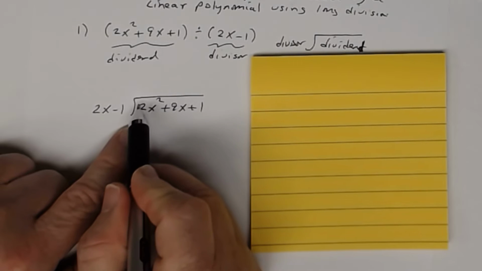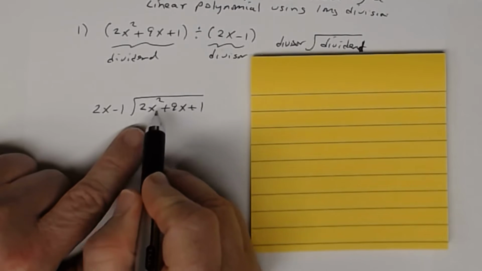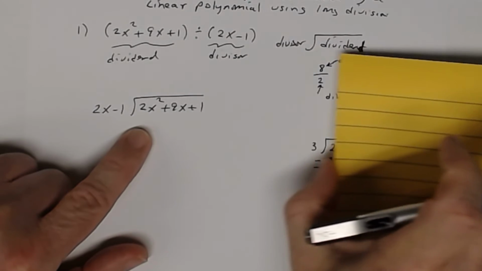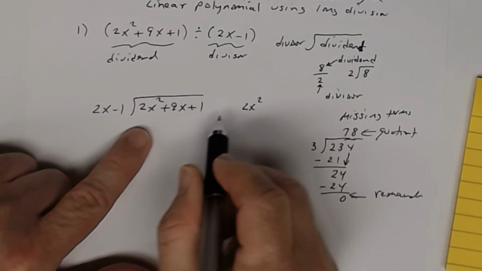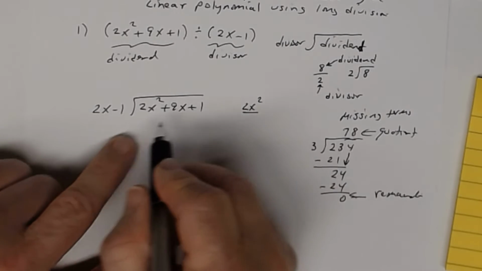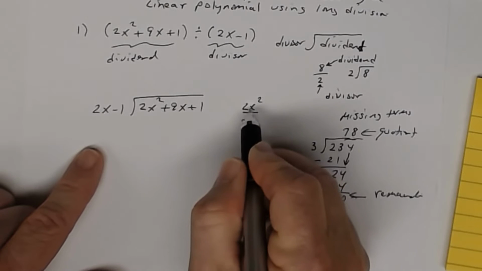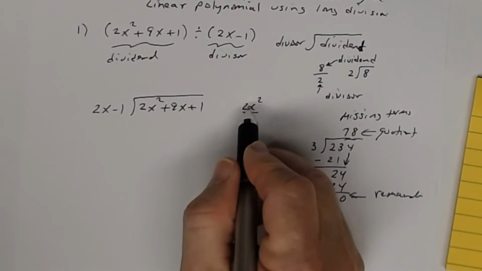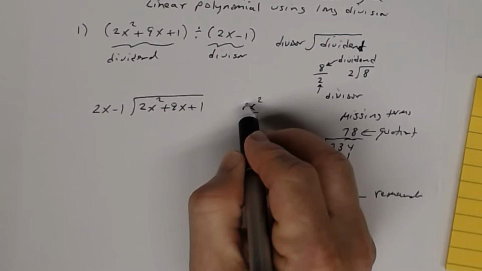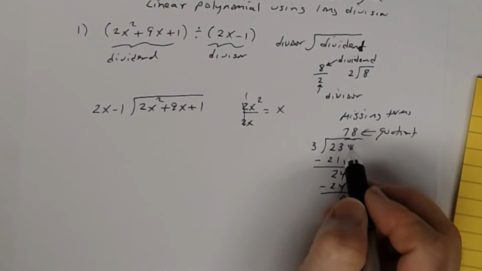The first term of the dividend is 2x squared. I have to divide that by the first term of the divisor, which is 2x. And then I simplify this division right here. So I have a monomial divided by a monomial. So we know that the 2's divide out, and x squared divided by x is just x, right?